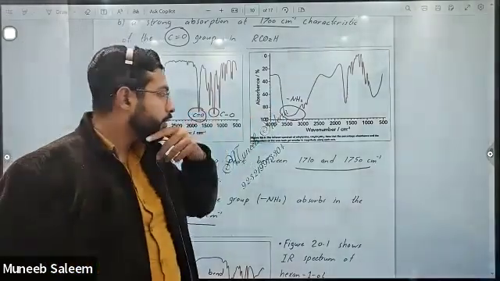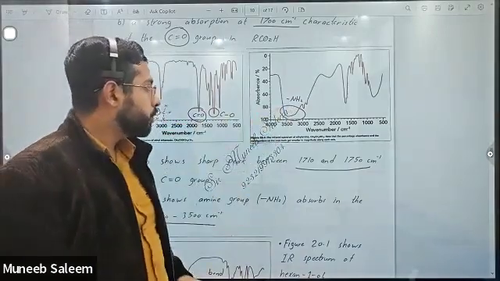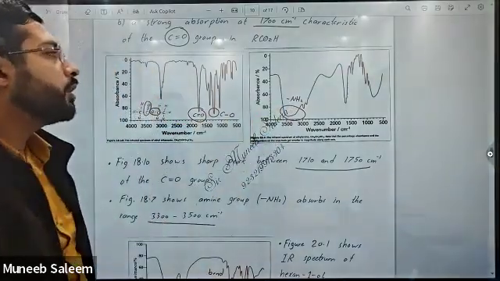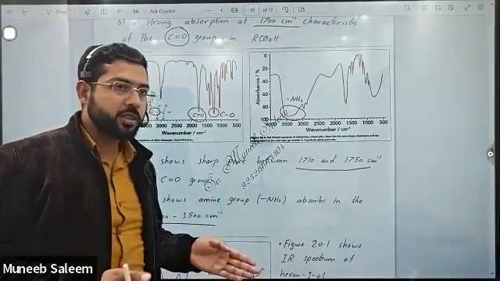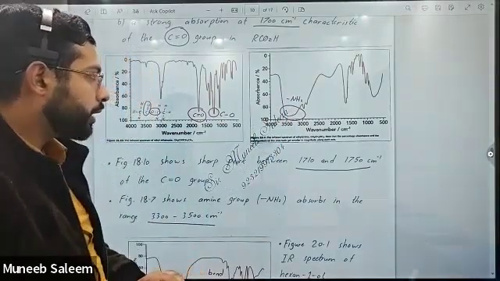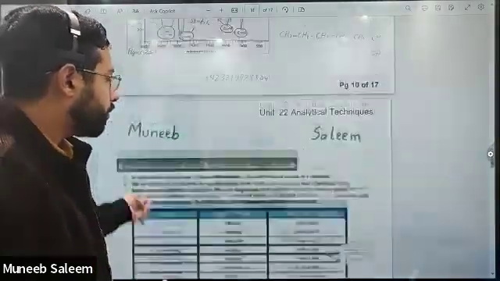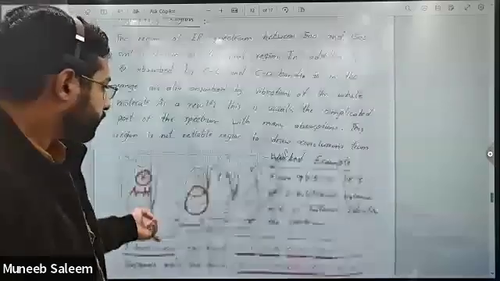But in this case, you can find that the peak is basically a broad peak. So why is that so? It is because there could be some differences on the basis of the different mixtures in which this compound is present. Different compounds can have some kind of effect on the actual shape of the peak.